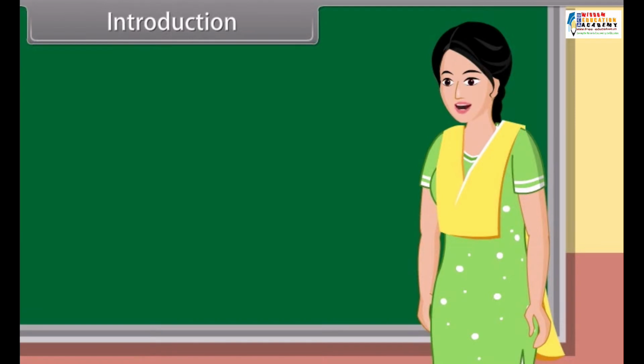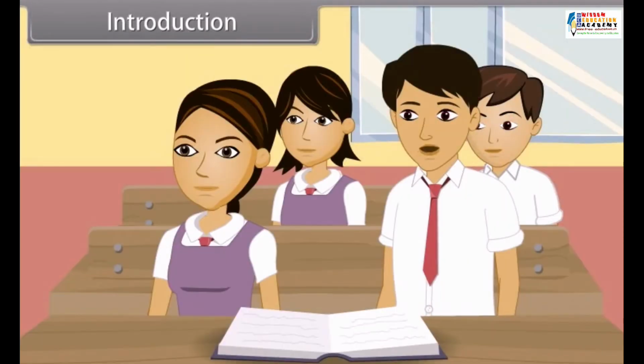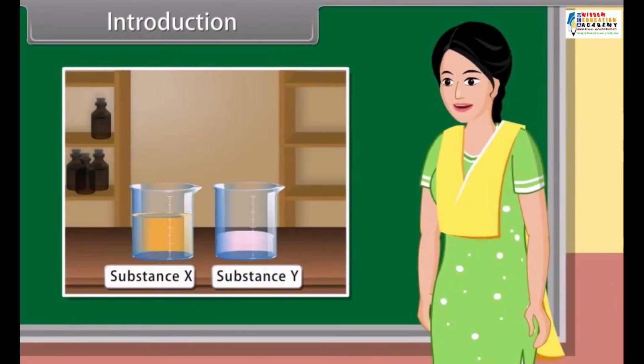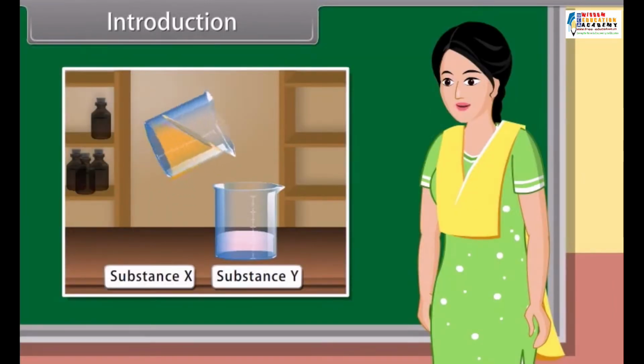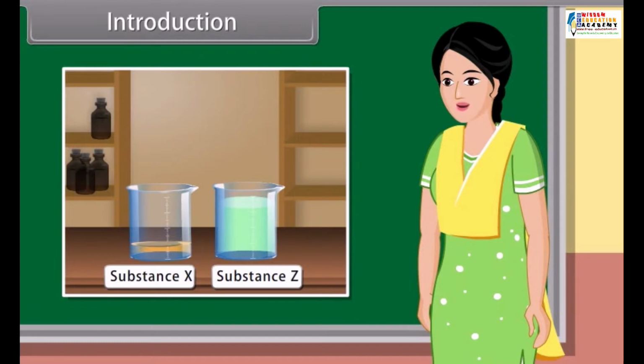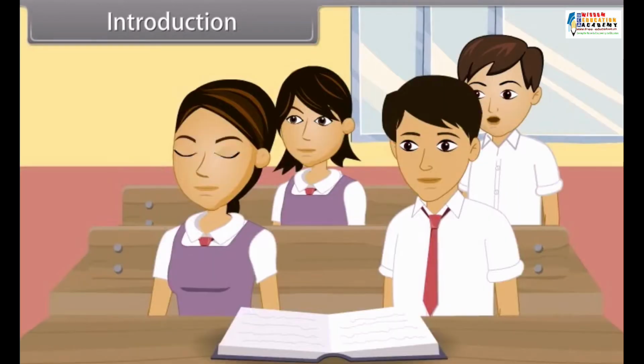Today we learn chemical reactions of haloalkanes and haloarenes and polyhalogen compounds. Ma'am, what are the chemical reactions? A chemical reaction is a chemical change which forms new substances. And what are polyhalogen compounds, ma'am?